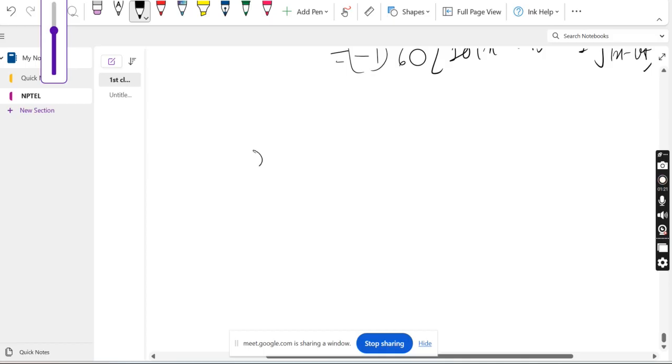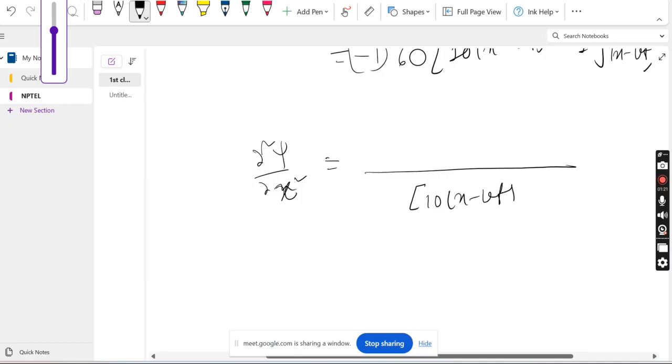Now we need to calculate del square psi by del x square. That would be 10 x minus vt whole square plus 1 to the power 3, minus 15 times x minus vt.